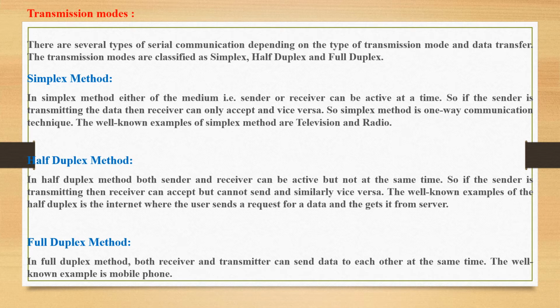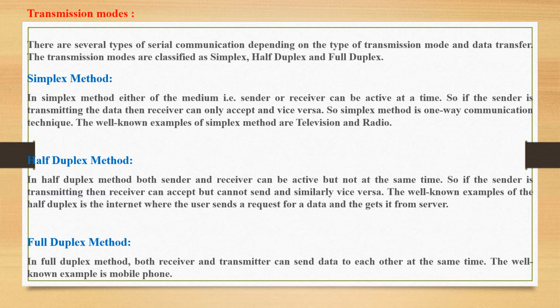Half duplex method. In half duplex, both the sender and receiver can be active, but not at the same time. So if the sender is transmitting data, then the receiver can accept the data but cannot send, and vice versa.